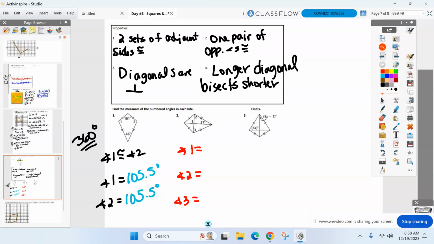Two is 63. 27 plus 90, and 180 minus 117 is 63. Oh, because it makes it right. So we should have to find x. Is 8x the angle measure?